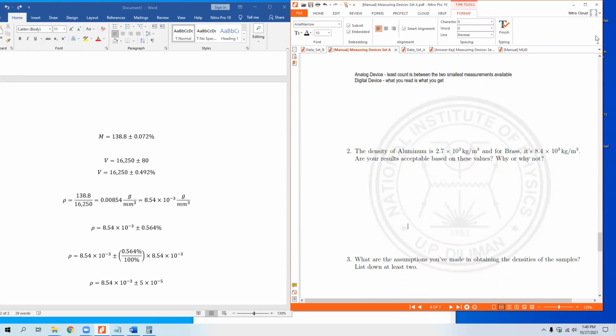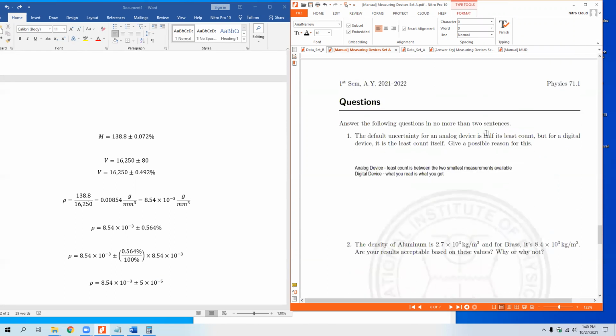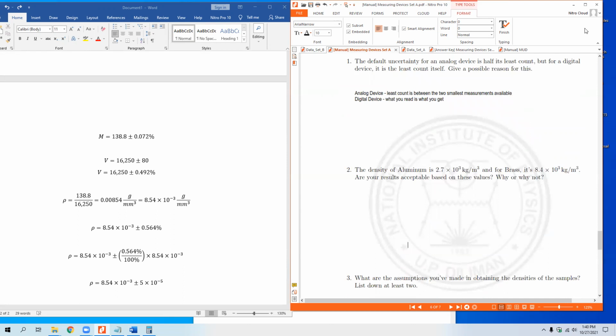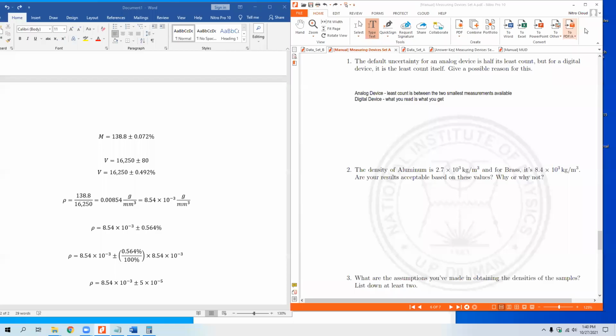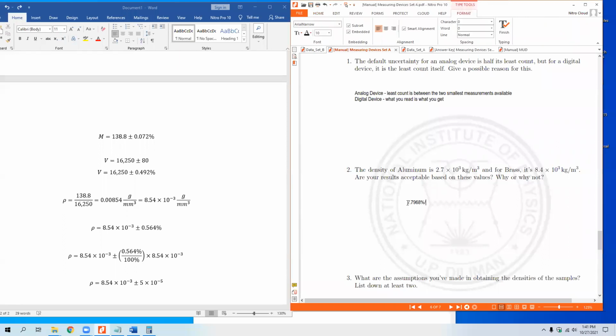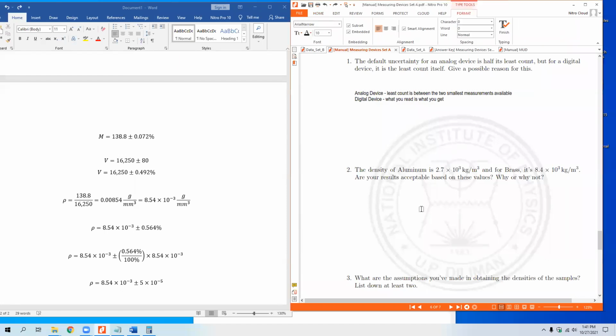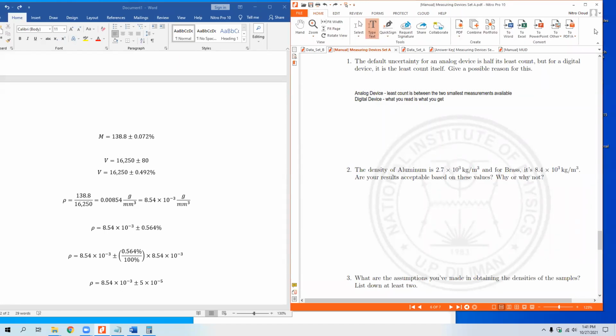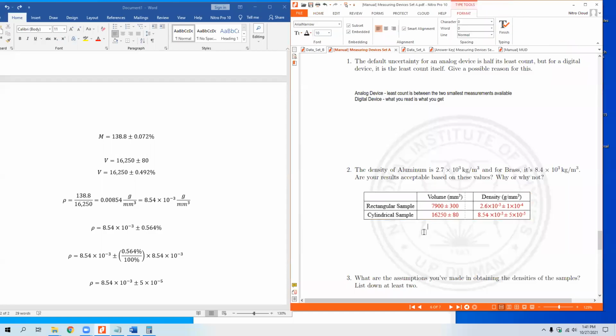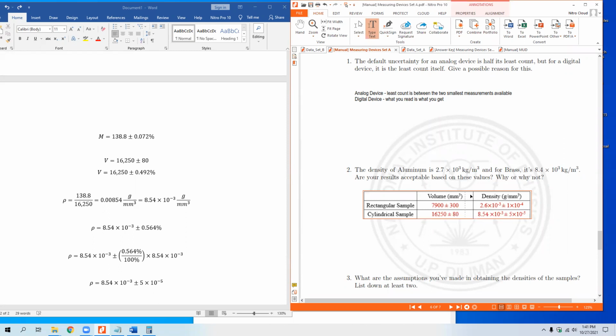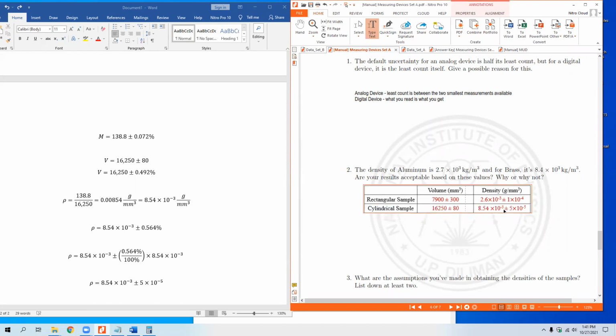So, we skip some calculations, but let's put our density and volume tables here. So for this set, this should be our table. So, okay. Our density is in kilograms per cubic meter.